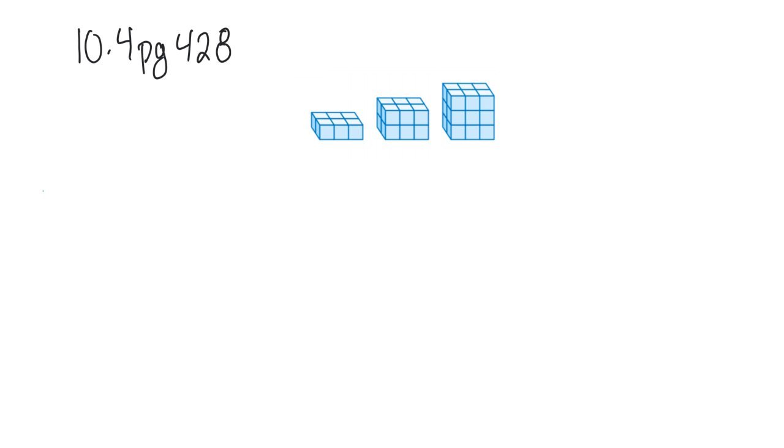So, for example, the area of the first base, right? It's 2 by 3, so the area of the base for this one is 6. And we're going to multiply it by how high it is. What's the height? 1, right? So the volume of that is 6.